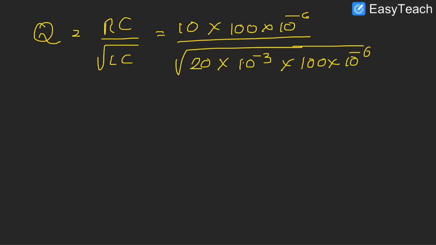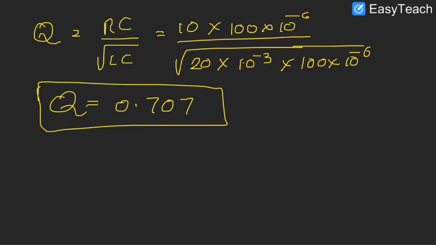If we do all the math, we get a final answer of 0.707. Remember, Q does not have any units, so the quality factor does not have any units. So we found this as 0.707.